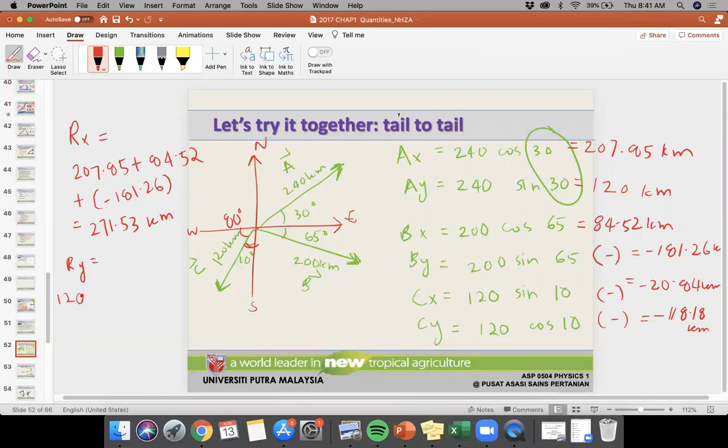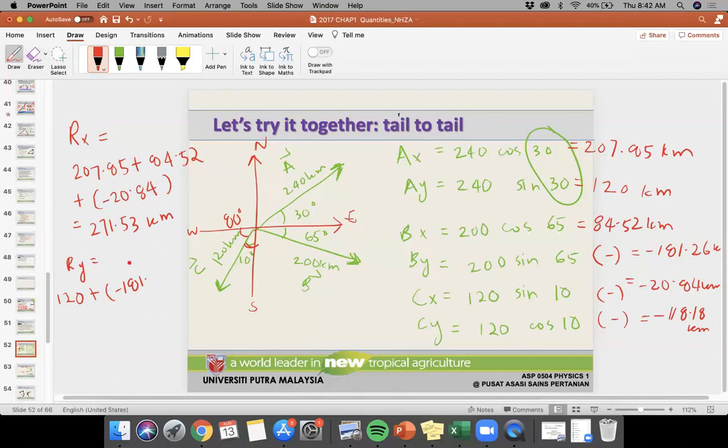Okay, Ry. 120 plus minus 181. Did I write this correctly? This is 84 plus, oh this is minus 20. Did anyone notice? Are you following me or are you sleeping?